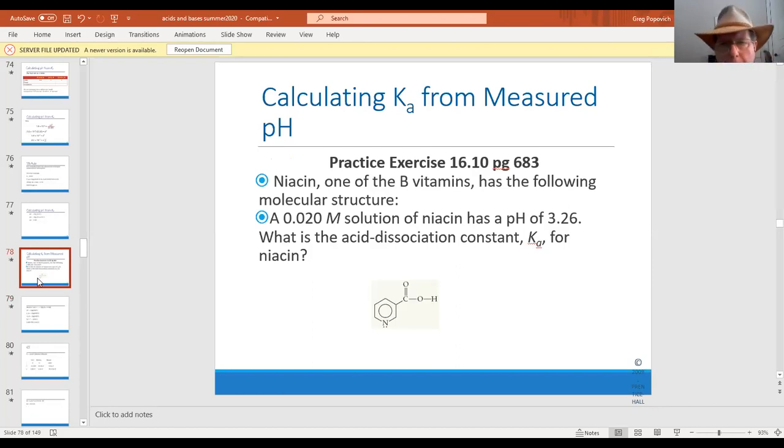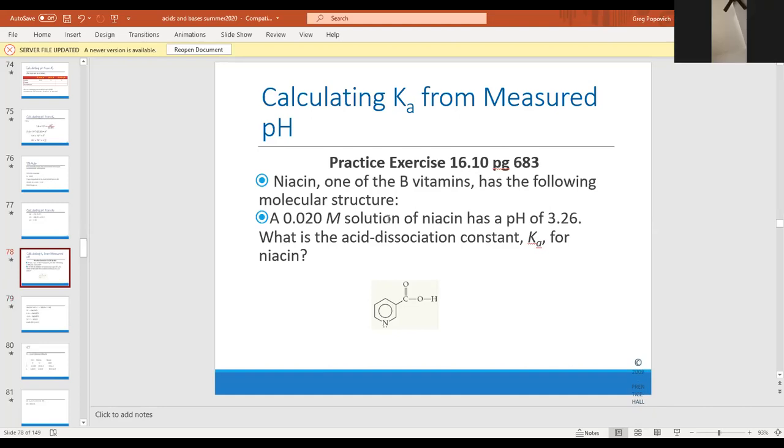If I have this problem, I know what the pH is. Can I get the H3O concentration? Yes. If I have the pH, can I get the H3O concentration? Yes.